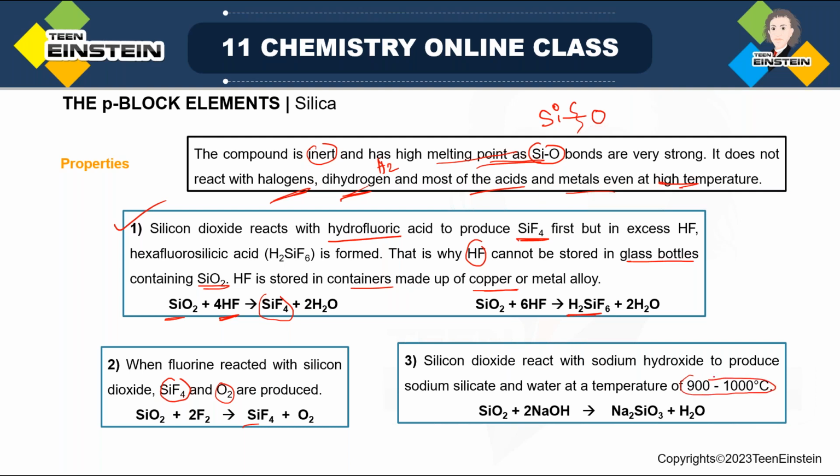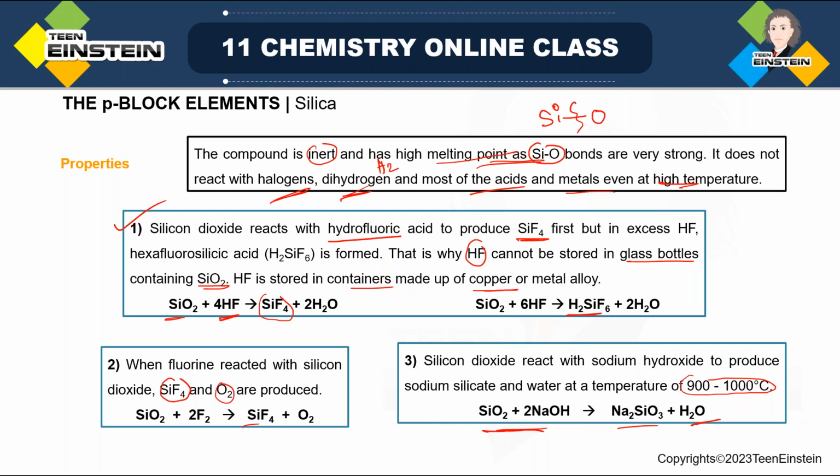We can have this reaction only at very high temperature, 900 to 1000 degrees centigrade. So silicon dioxide reacts with sodium hydroxide to produce sodium silicate and water. SiO2 reacts with 2NaOH, the reaction is in a 1:2 mole ratio, and we get Na2SiO3, which is sodium silicate, and the byproduct is water.